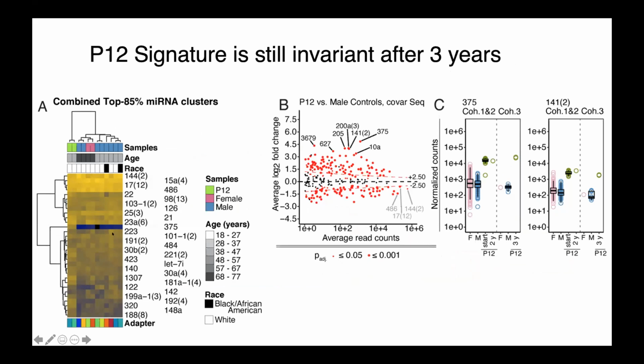And we had to reach out to him and his family to participate in this follow-up study. And we did, again, small RNA sequencing followed by unsupervised clustering. And the result clearly shows that the signature is still present. And it's only present in this individual and not in his relatives.